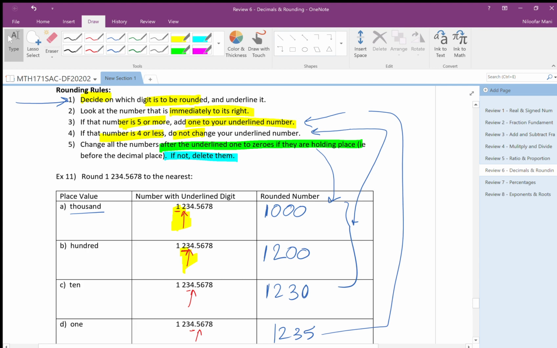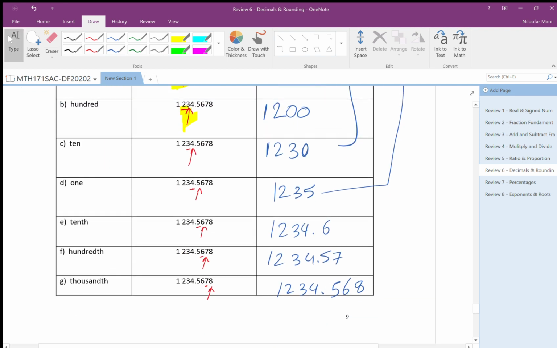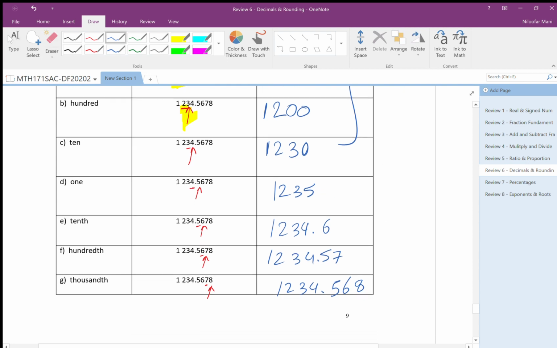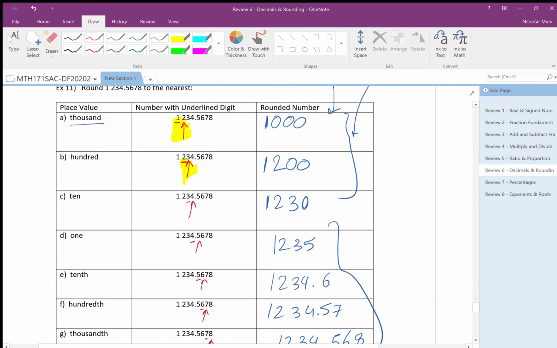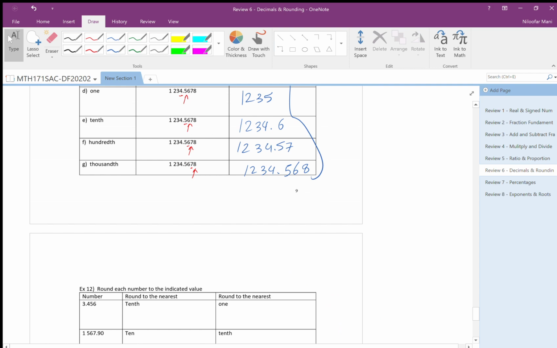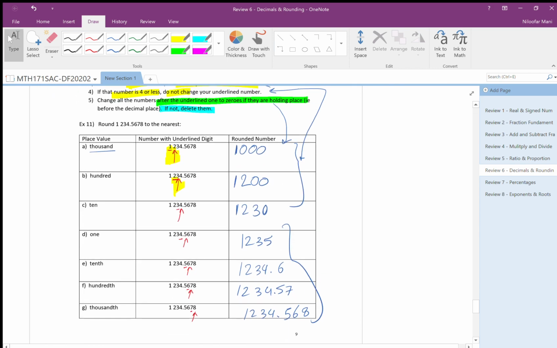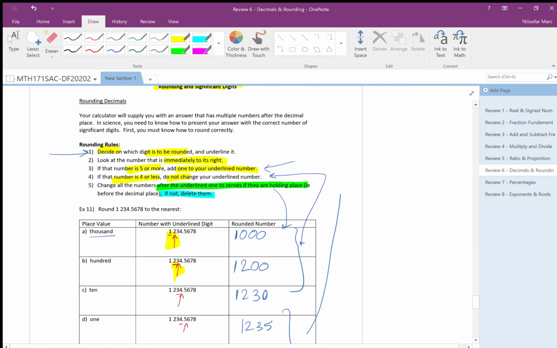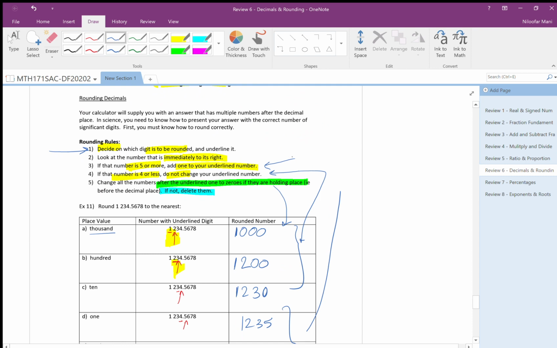But if they are not, like here, like all of these, you don't need to add 0. So it's here. Okay, so let me see. If not, delete them.